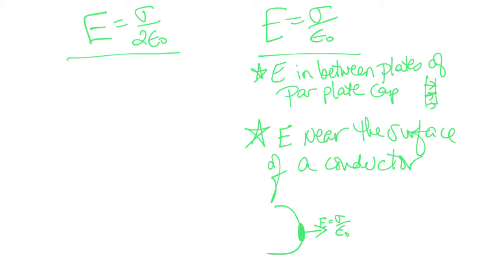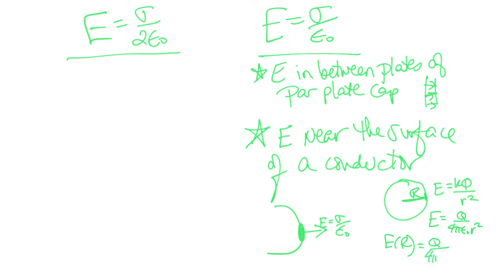And there's a cute little calculation that you can do. We did a conducting sphere, and you saw that outside it looked like kq over r squared, right? And we can write that as E is q over 4 pi epsilon naught r squared. Well, if you actually evaluated it at the radius R, it's q over 4 pi epsilon naught capital R squared.